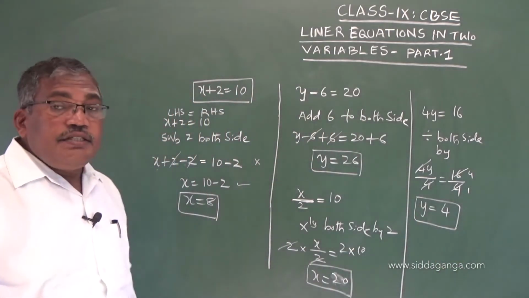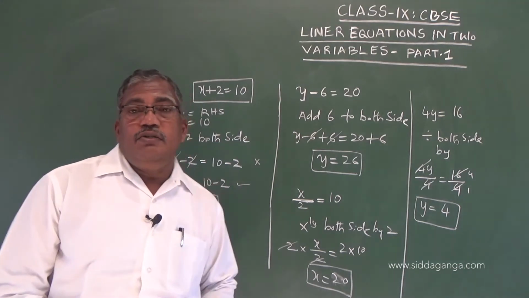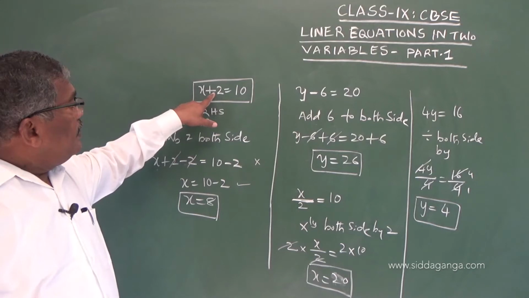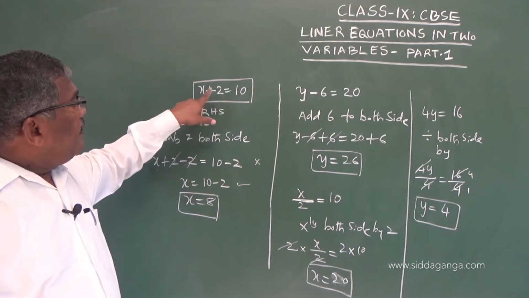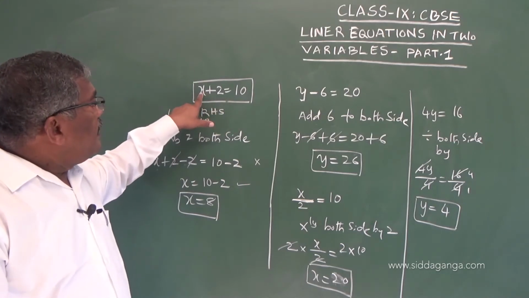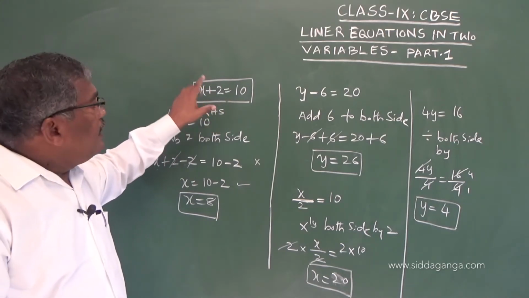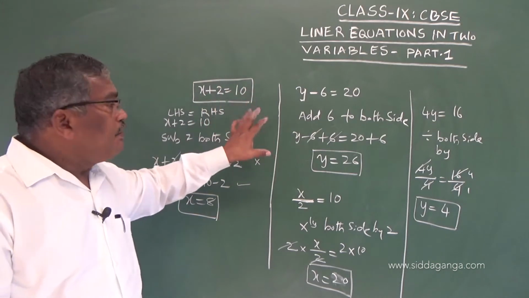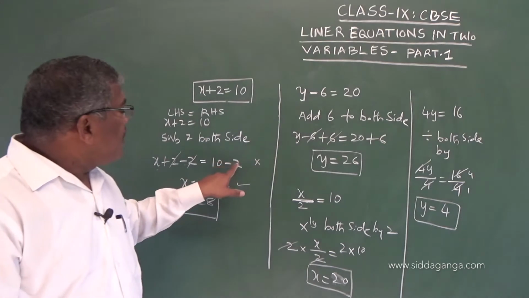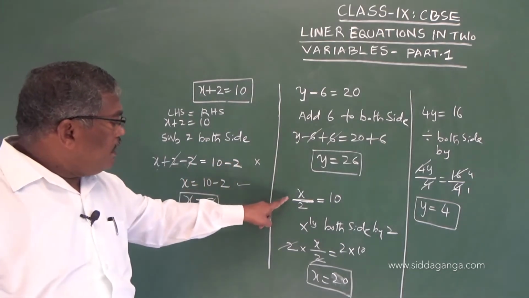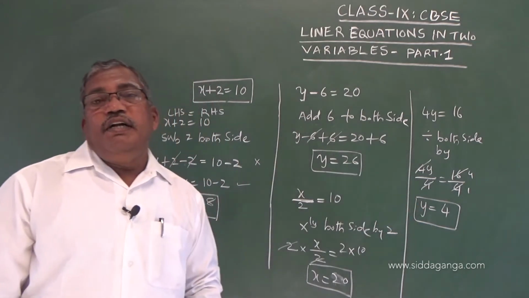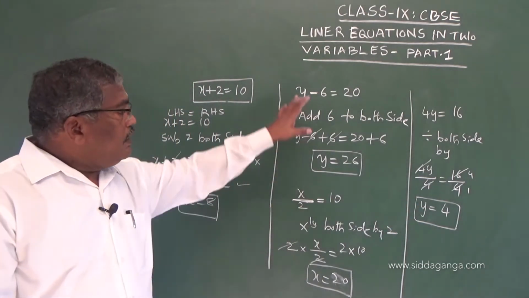So the gist is, there are two important things you have to remember here. First one: in an equation with one variable and a single degree, we can add to both sides, subtract from both sides, multiply both sides, or divide both sides to find the value of the variable.